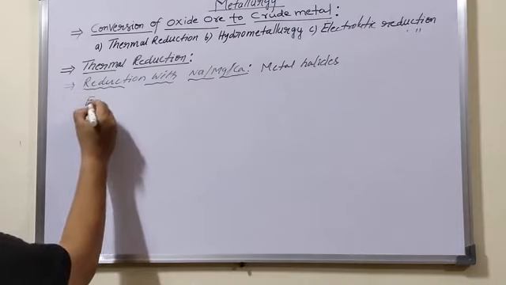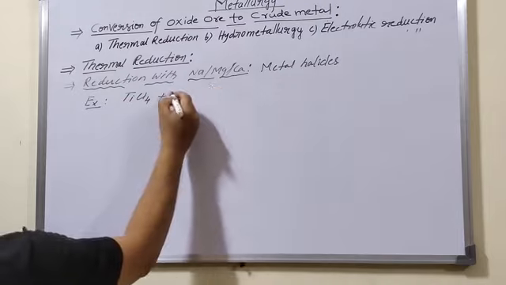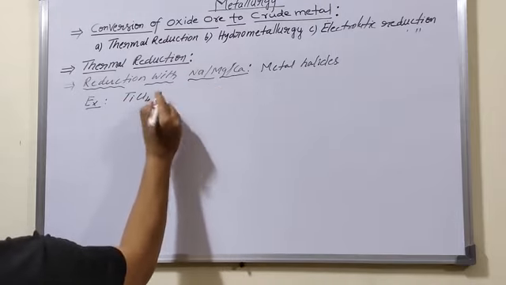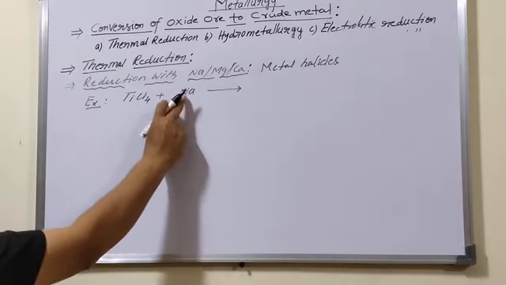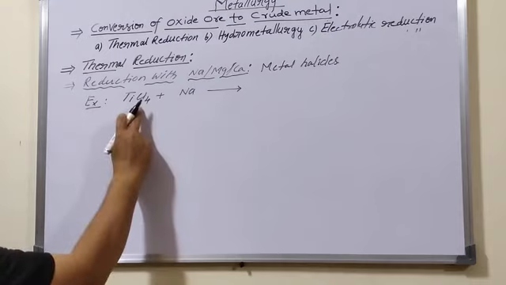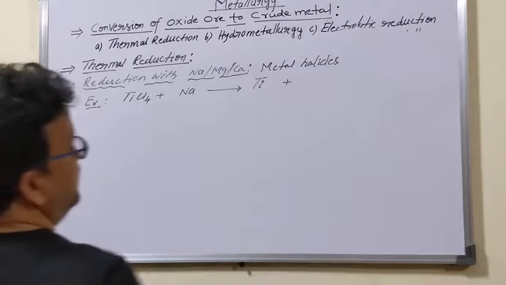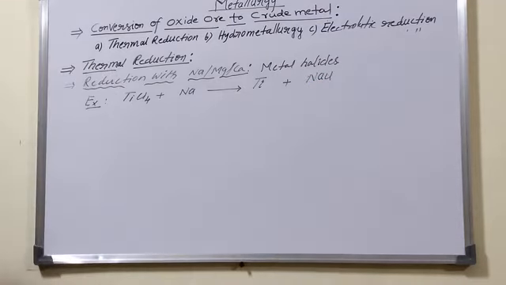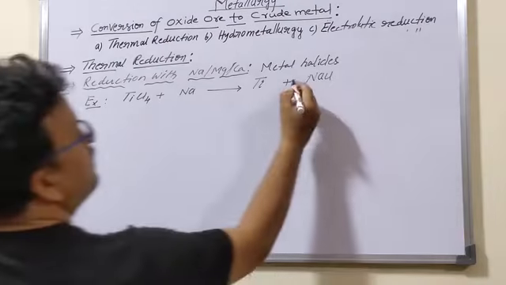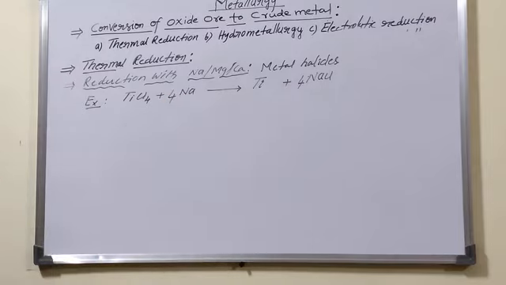For example, I am taking titanium tetrachloride, and I am reducing it with sodium metal. When sodium acts as a reducing agent, it reduces titanium chloride to titanium metal, and sodium is oxidized to sodium chloride. Let's go for another example.